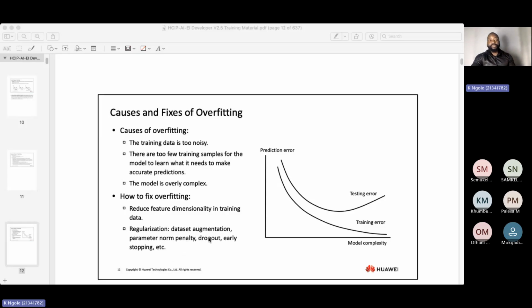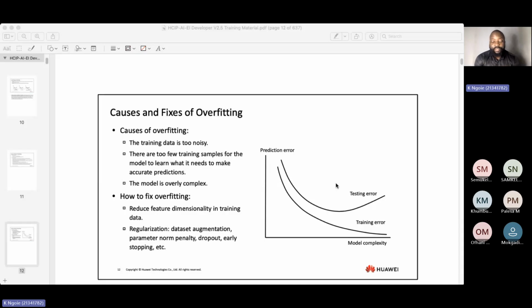You have a dropout system. A dropout system means that you have a big neural network, but you can drop certain parts of the neural network during training. All right. And then you have early stopping. Early stopping means that you are training your model, and at a certain level the error is really small, but as you take it to the next level, the error is growing.